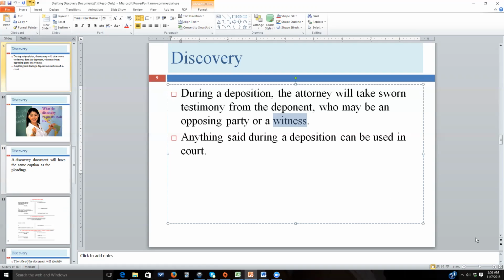A third really important use of the deposition, and many people would say this is the most important use, is that it can be used as a document for dispositive motions. A dispositive motion is something like a motion for summary judgment. After the discovery process is completed, there's a window of time before trial where both sides can consider whether they want to file dispositive motions.